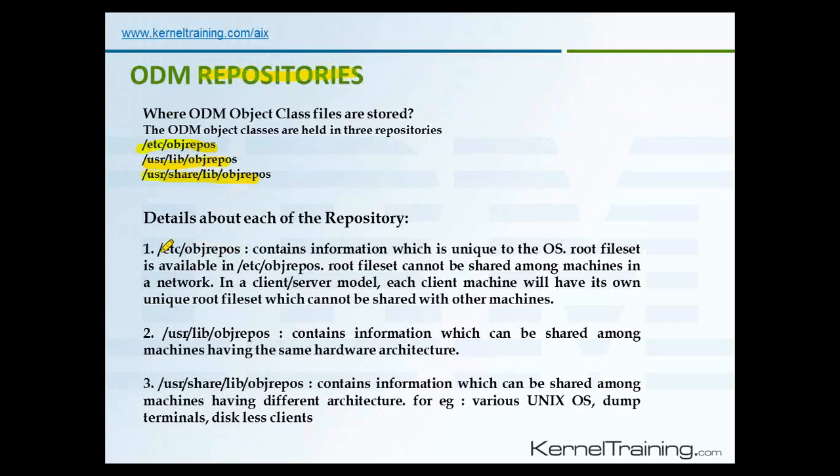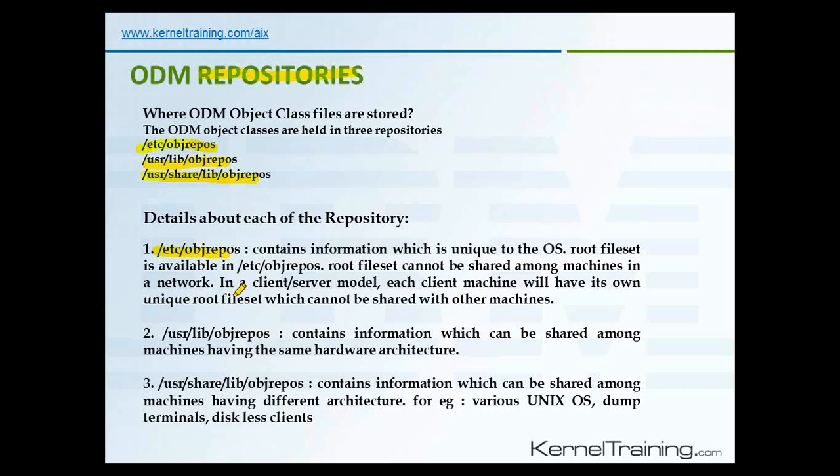What information is maintained in /etc/objrepos? It contains information that is totally unique to this current operating system, the local information about your system: how many devices are there, how many are connected, how many were once connected and configured but are currently not connected or not powered on, how many software packages I have installed, what the current version of the software is, all the important data.